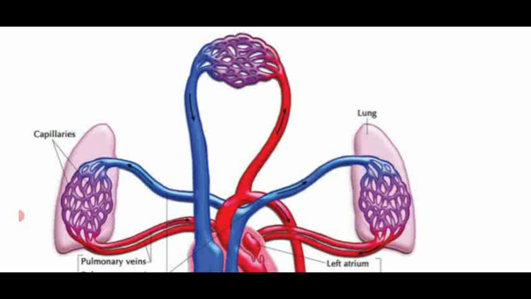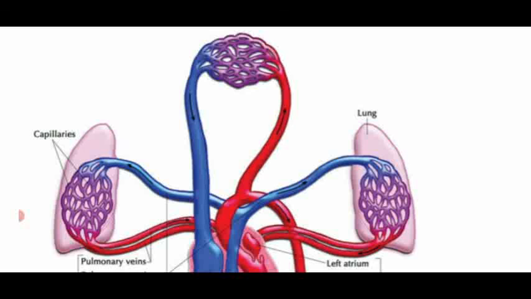Dear students, I hope you have all understood the different types of valves and their functions. There are three types of blood circulation: systemic, pulmonary and coronary circulation. Apart from that, blood is also circulated twice through the heart in one complete cycle, that is double circulation, seen in higher animals.